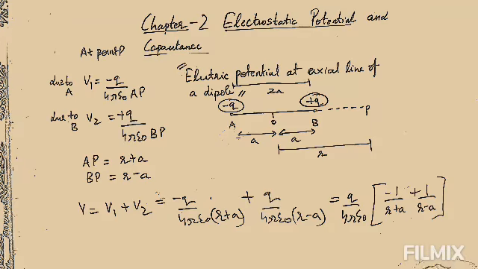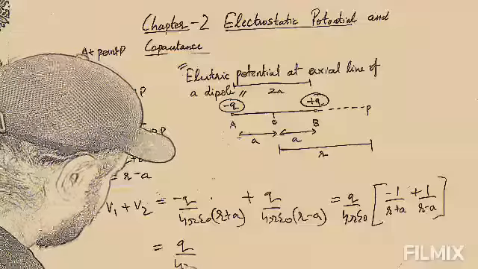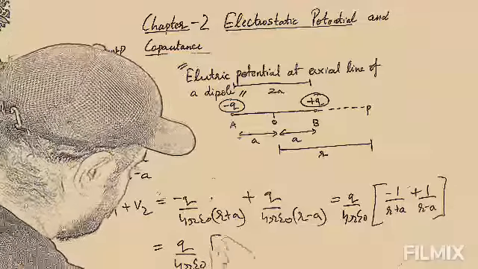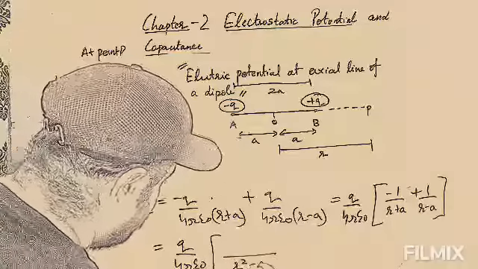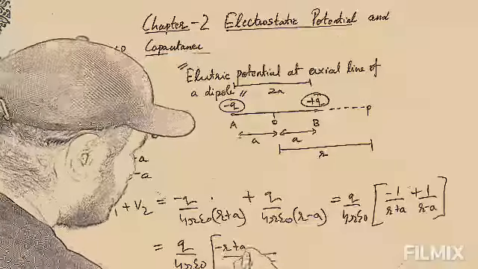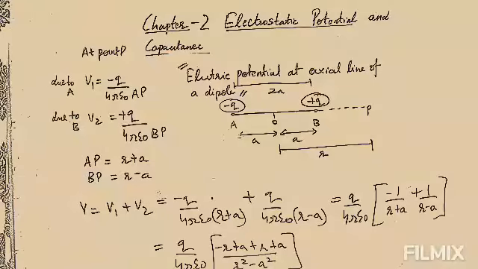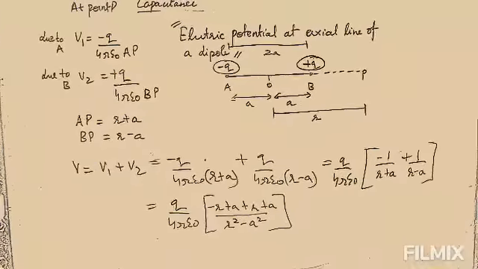For the denominator we apply the (a plus b)(a minus b) formula, so the LCM will be r square minus a square. In the numerator we get minus of (r minus a) plus (r plus a), so r cancels and it will be 2a in the numerator.